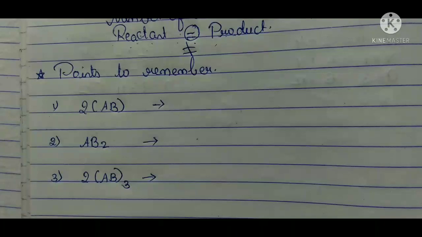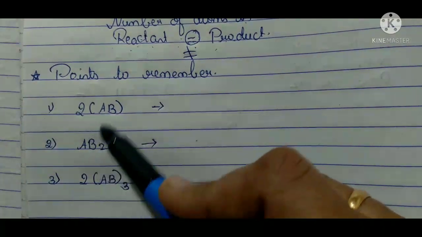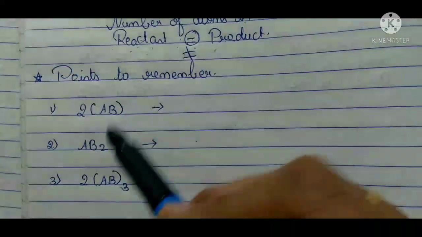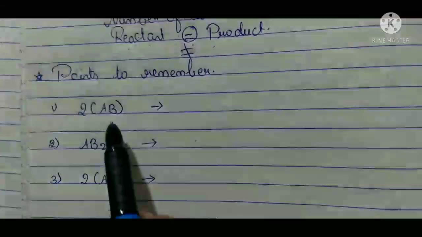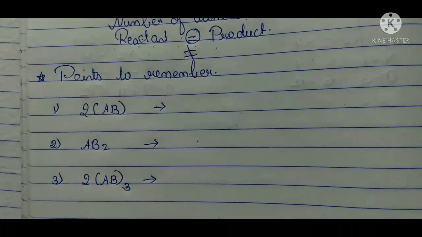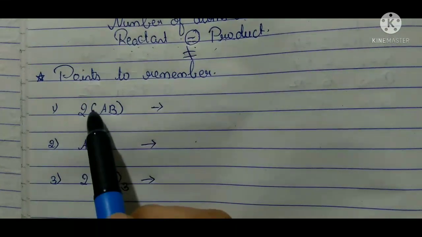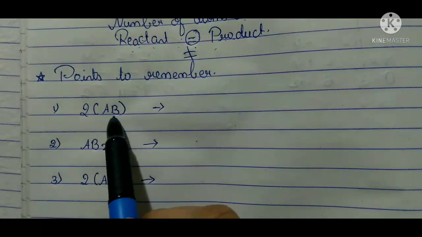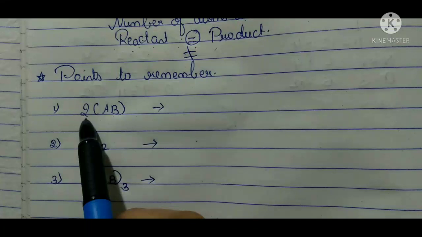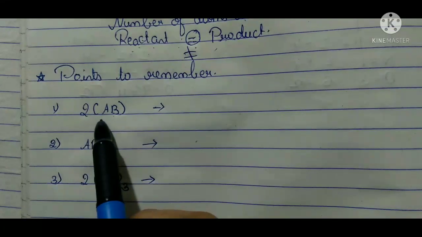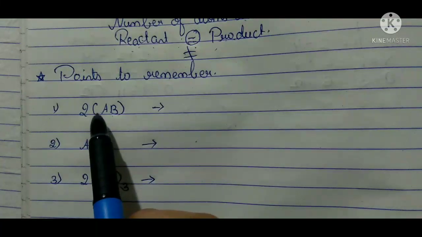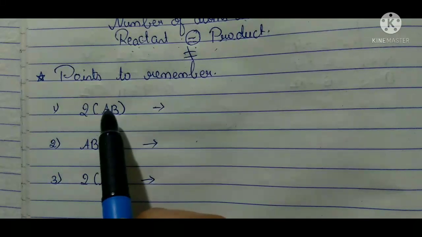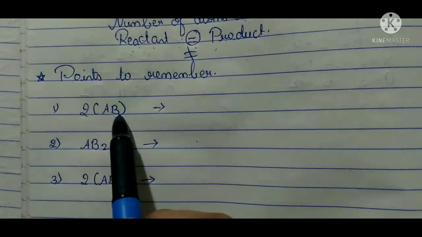First, I have written this, just consider it as a general formula. Here I have written 2AB. Now what does that mean? If some atoms are present inside the bracket and outside the bracket a specific number is given, this number is for the elements or atoms present inside the bracket.